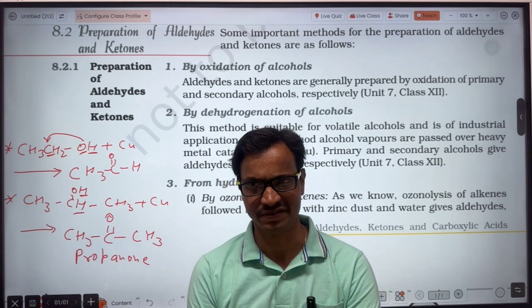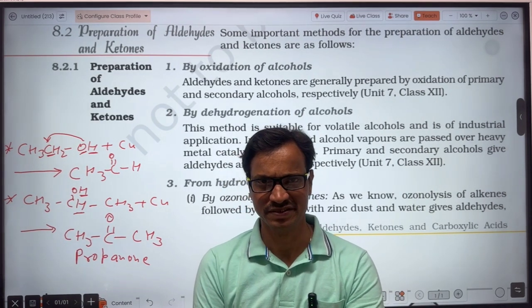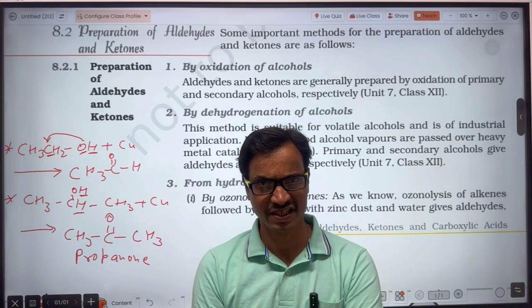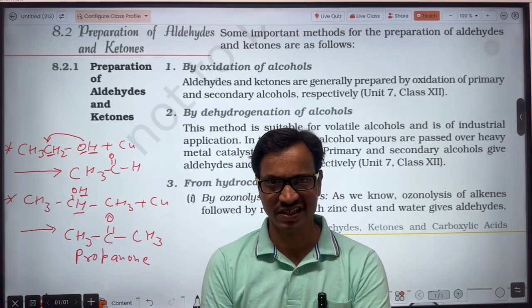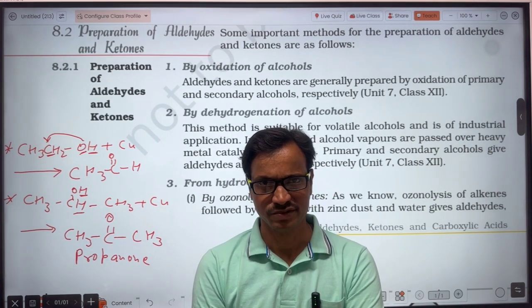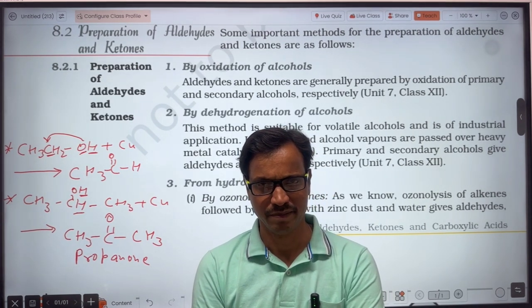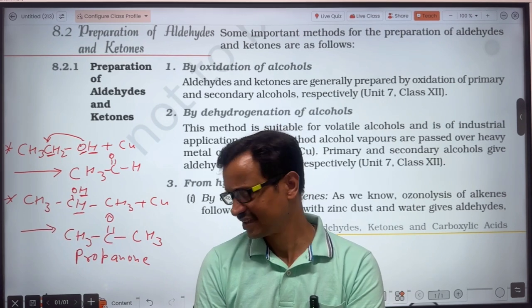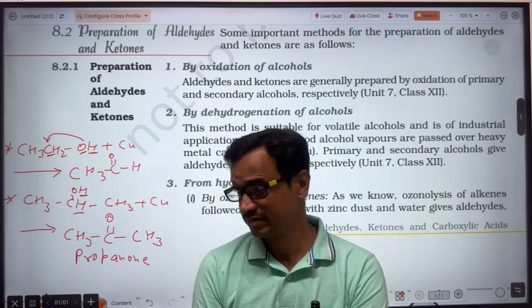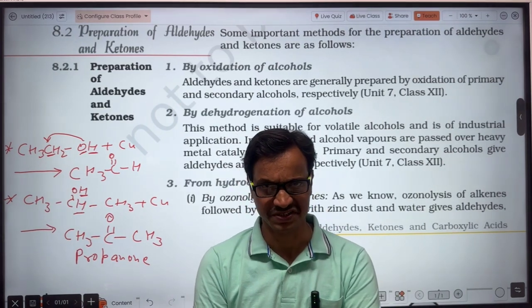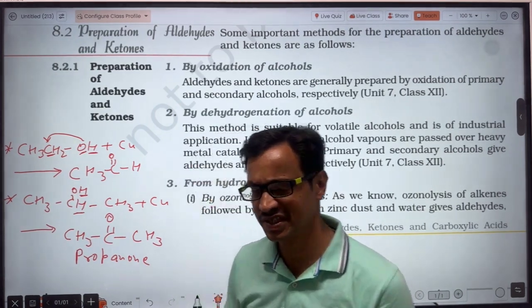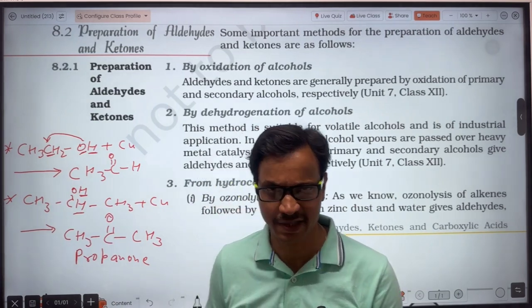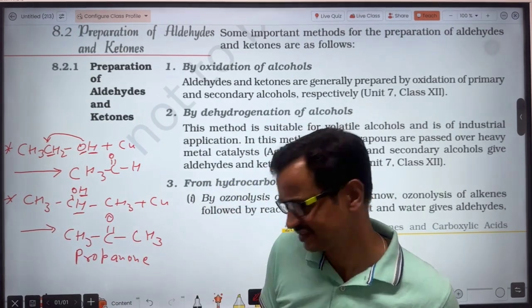PCC is pyridinium chlorochromate. It is a best oxidizing agent because it will oxidize the carbon atom to which the OH is bonded but will not affect the unsaturated carbon atom. And for dehydrogenating, we will take copper as the dehydrogenating agent.